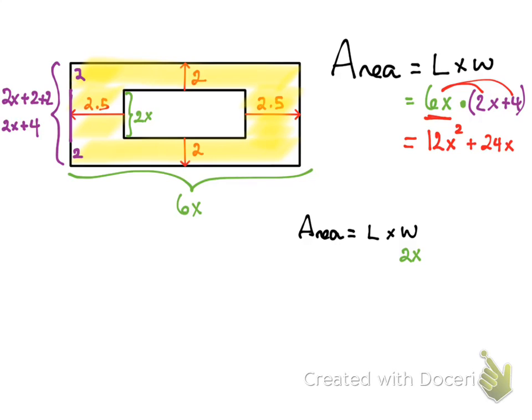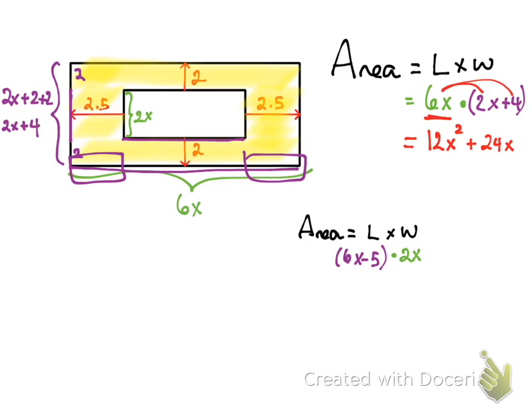This is the green width that was already given to us, and I'm multiplying that to the length of the small rectangle, which is not given to us, but I can figure it out, and I'm going to write that down in purple. This part here is going to be the whole thing, the whole green one down here, minus 2.5 off this end, minus 2.5 off that end, and that will give me just the length I need. So if I do 6x minus 2.5 minus 2.5, that gives me 6x minus 5. Yes.